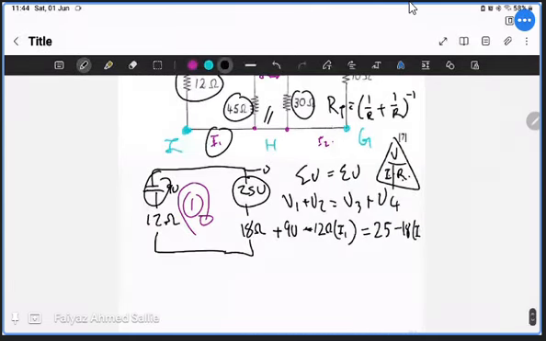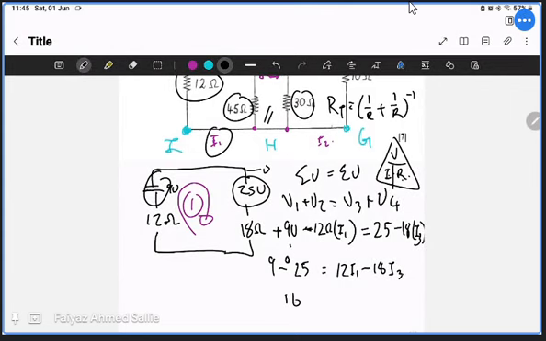So let's get the voltages on one side. So it's going to be 9 minus 25 equal to 12 I1 minus 18 I3. Sorry, 12 I1 minus 18 I3.